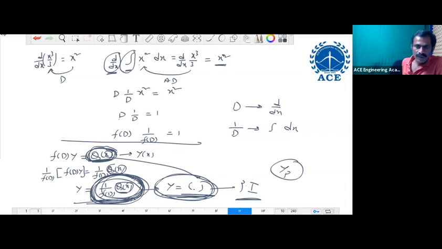So let us go to the definition of particular integral, and then we write the methods of finding the particular integral.